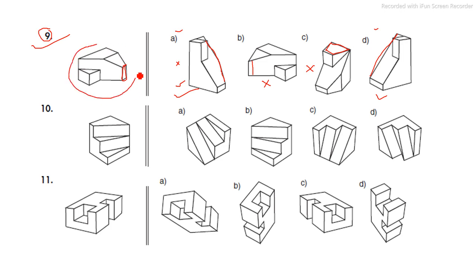If you analyze this figure, at any point of view you will see there will be a slope. If you see from this side, you will see this slope. If you view from this side, you will see this slope. Again, from this side, you will see this slope, right?